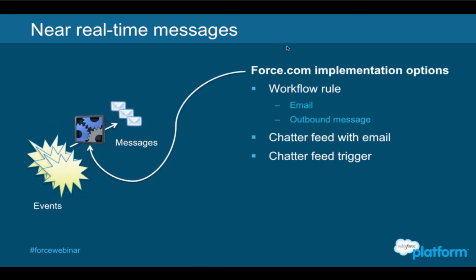Yeah, generally speaking, Josh, this is a really good all-around approach for event notification and an approach that is amazingly easy to implement for the majority of use cases without having to write a single line of code. For example, admins can point and click to create a workflow rule that sends email or even triggers an outbound message to an external system.